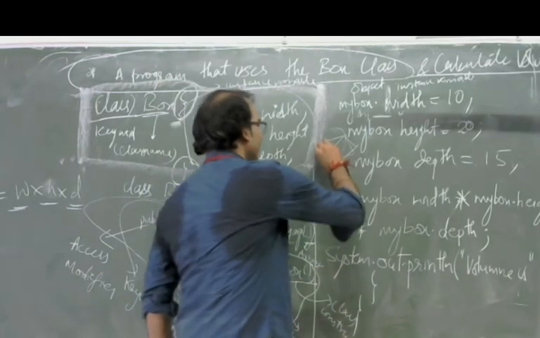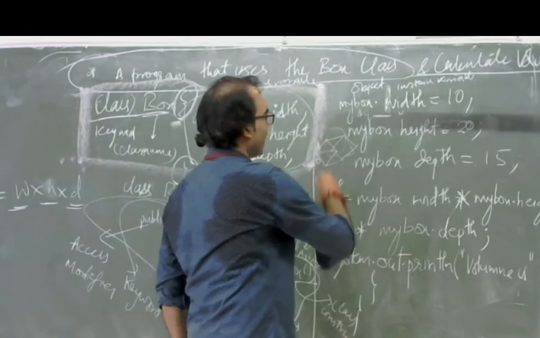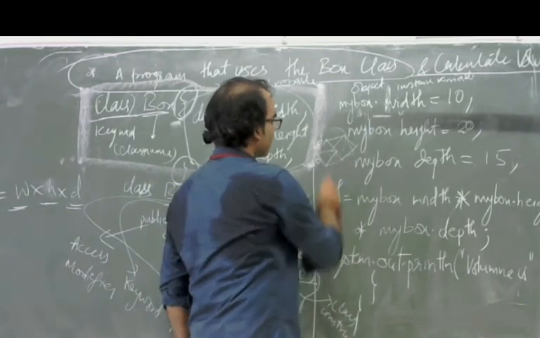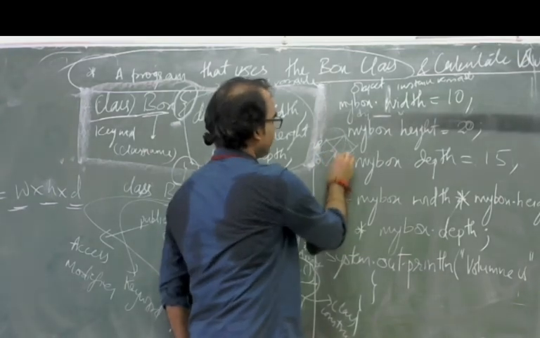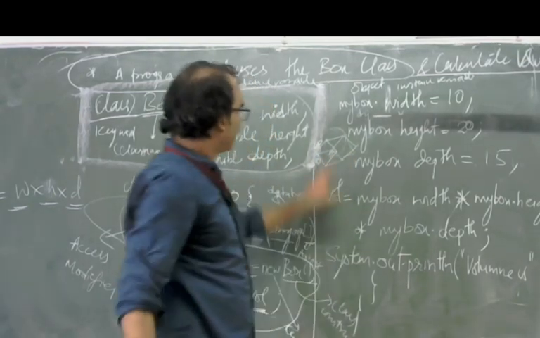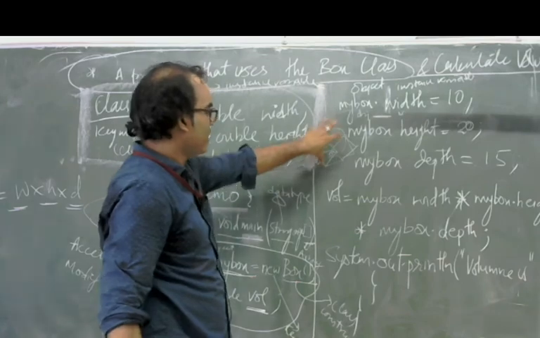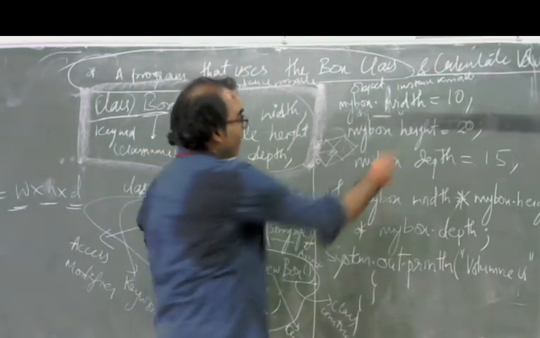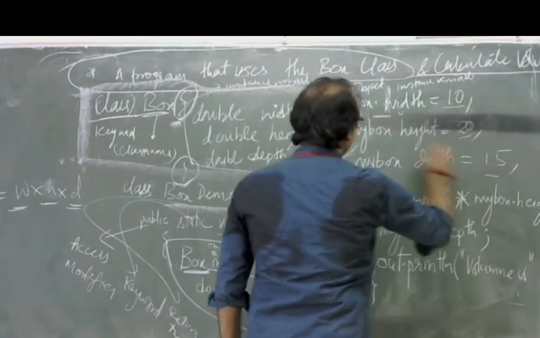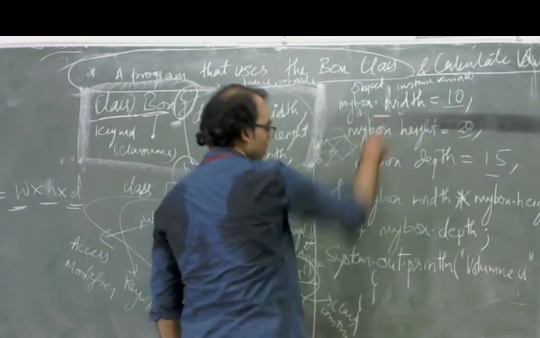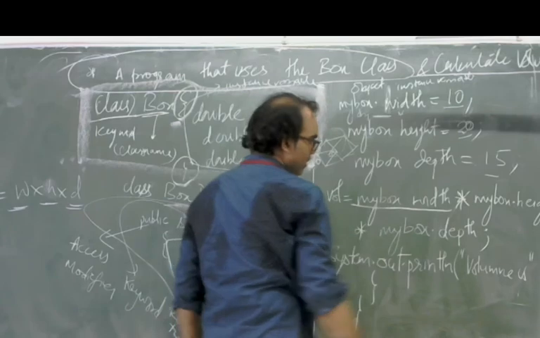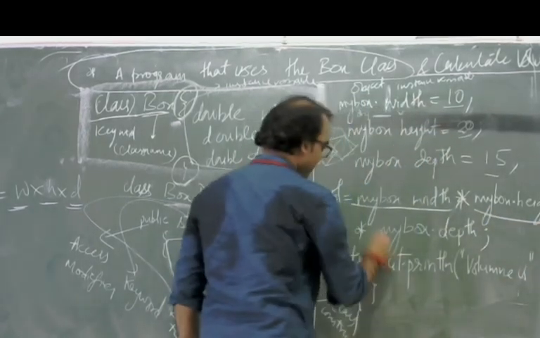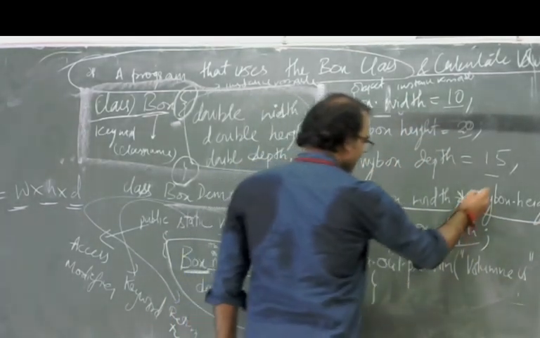His width is 10, his height is 20, his depth is 15. Now we need to calculate the volume of this class. How are we going to do it? We use these numbers, 10, 20, 15, and this is a definition. myBox.width, myBox.height, myBox.depth are multiplied.